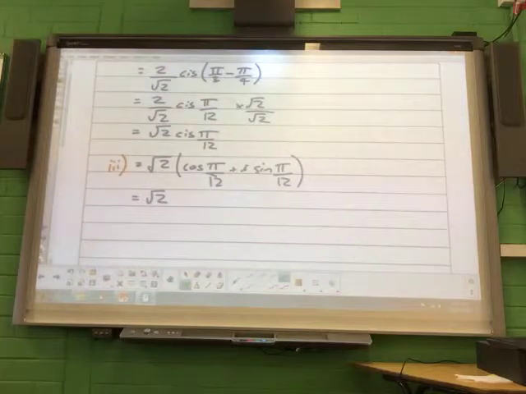Like the radian in degrees. Wait, so what's the question? Find the exact values of cos pi on 12 and sine of pi on 12. That'll work, won't it? 0.9.